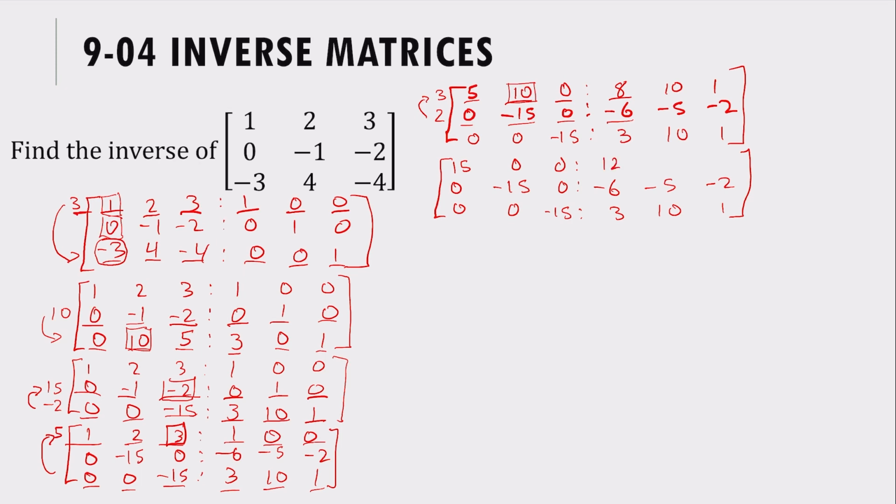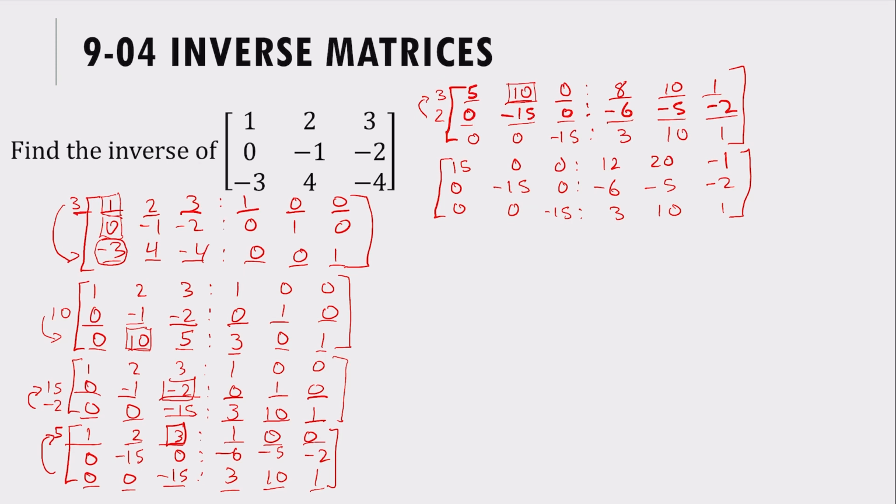Add those, you get 12. 2 times negative 5 plus 3 times 10. 2 times negative 2 plus 3 times 1. It's negative 1. All right, now we have all the zeros we need.